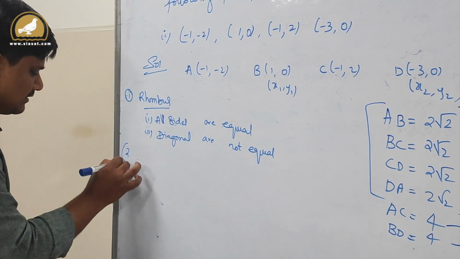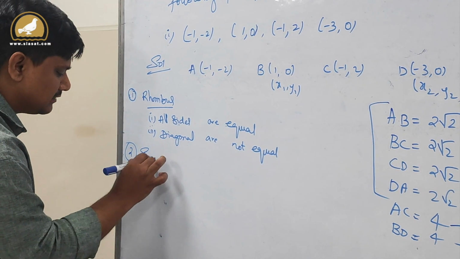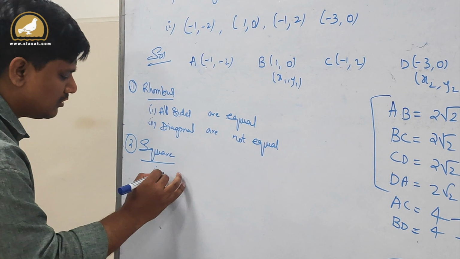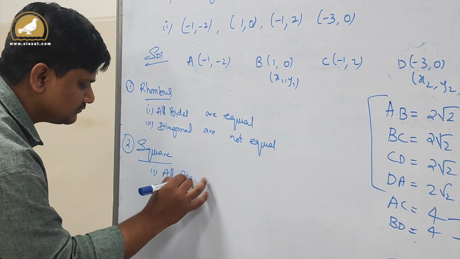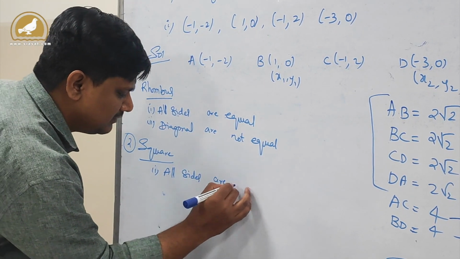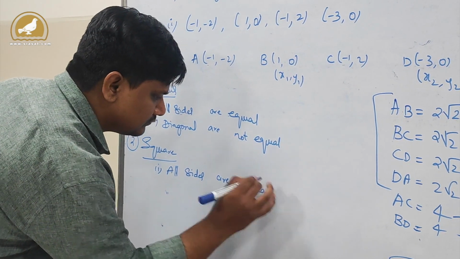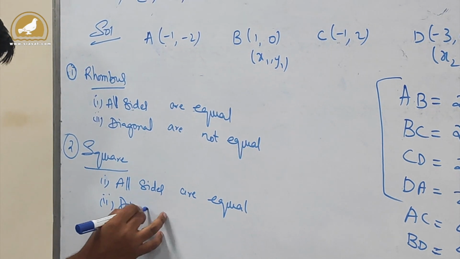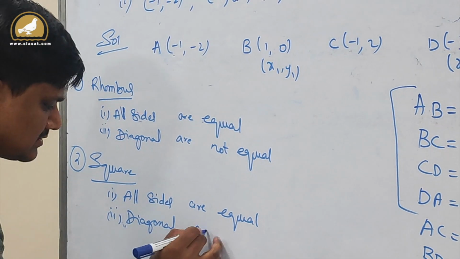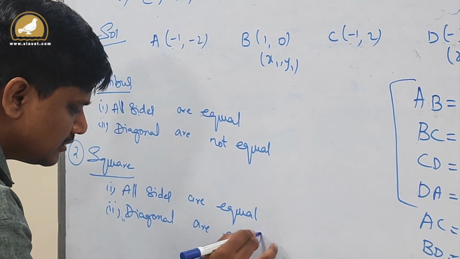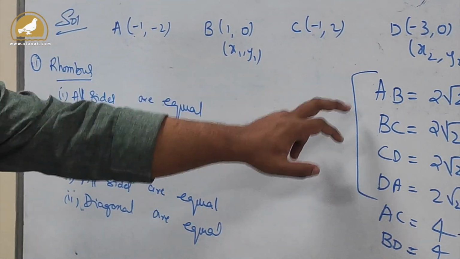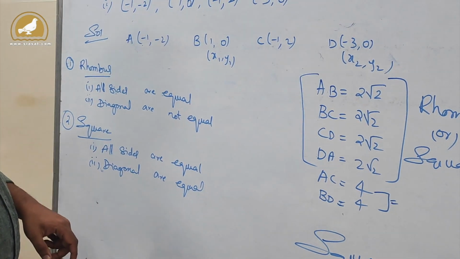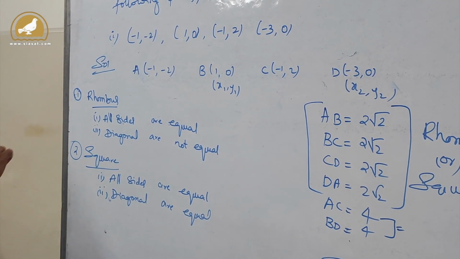Second, in case of a square, all sides are equal. Apart from that, diagonals are also equal. So in this question, all sides were equal and both the diagonals are also equal. That's why we came to the conclusion that it is a square.